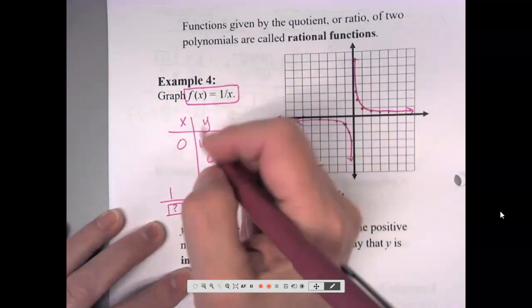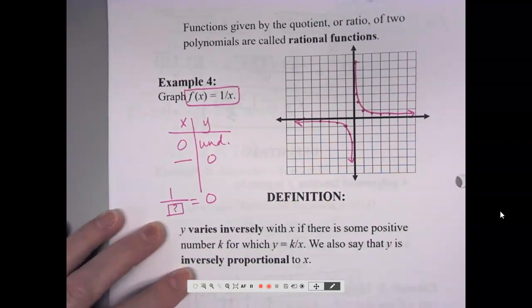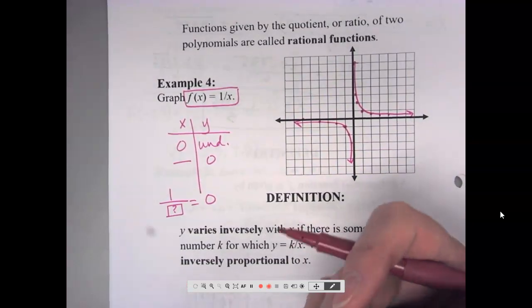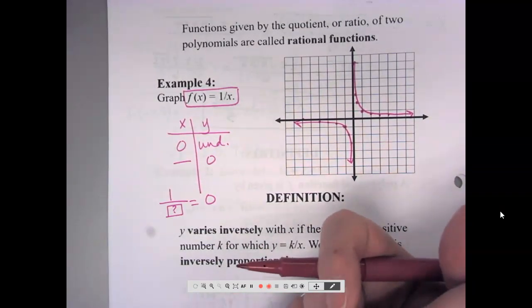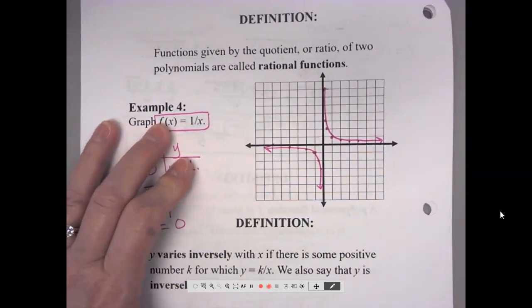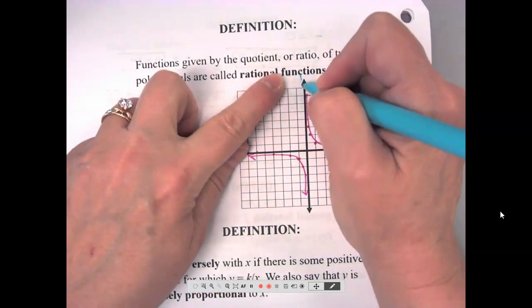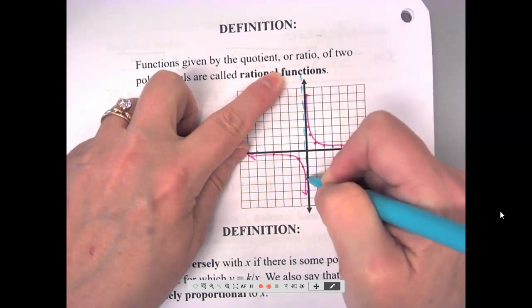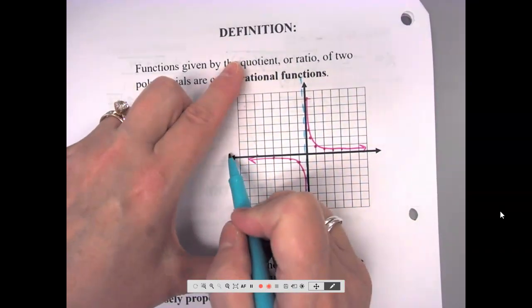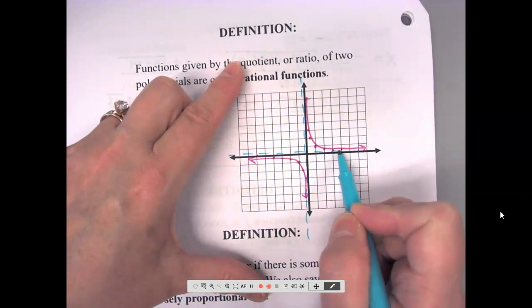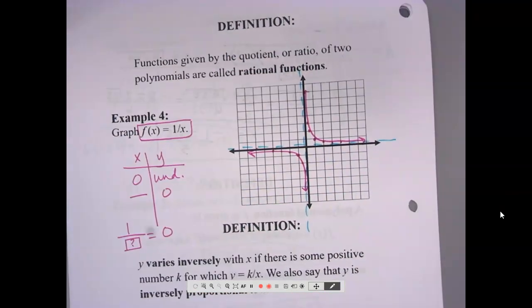No, that's not possible. So there's no value that corresponds with y being 0 either. Okay, so actually what we have on here is 2 asymptotes. One being on the y-axis and the other one is on the x-axis.